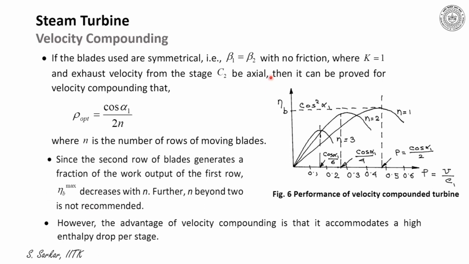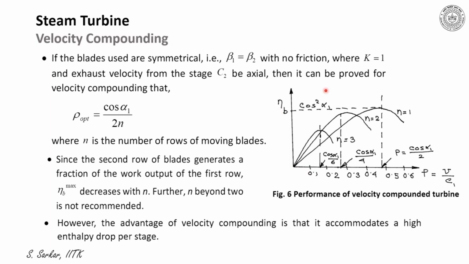So here I have indicated the performance of a velocity compounded turbine, where the x-axis indicates the blade speed ratio, that is U by C1, and the y-axis indicates the blade efficiency.